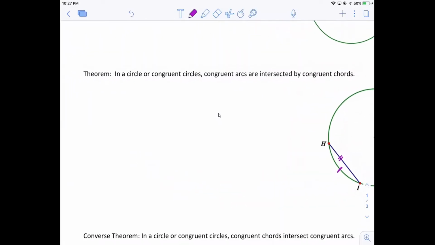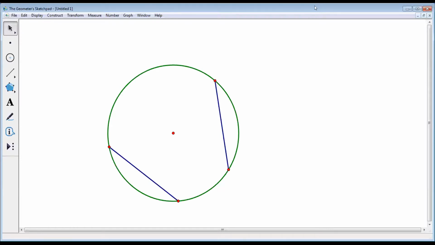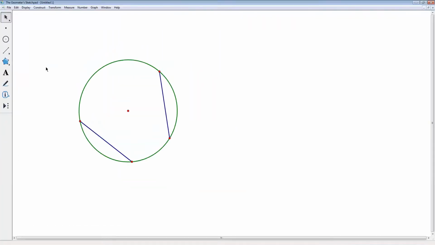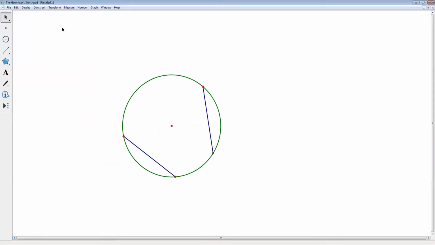So how are we going to prove that? Well, I want to just show you this in Sketchpad first. So let me switch my screens. Hopefully you guys can see this right now. So what I did in this here is I constructed two congruent arcs. Let me measure the lengths of these arcs right now.